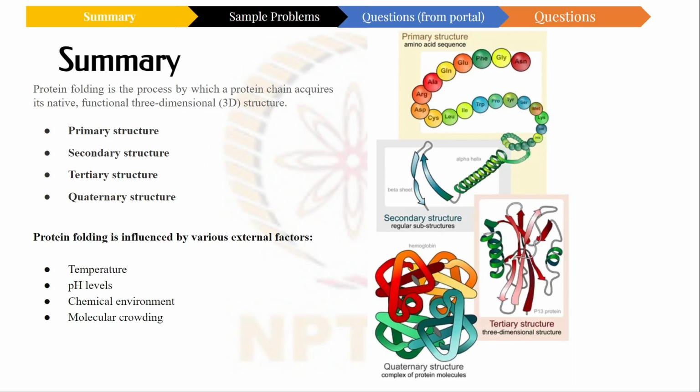Factors affecting protein folding: as we know, protein folding is a very sensitive process that is influenced by several factors, including temperature, pH, chemicals present around, and molecular crowding. These factors influence the ability of a protein to fold into its correct functional form.